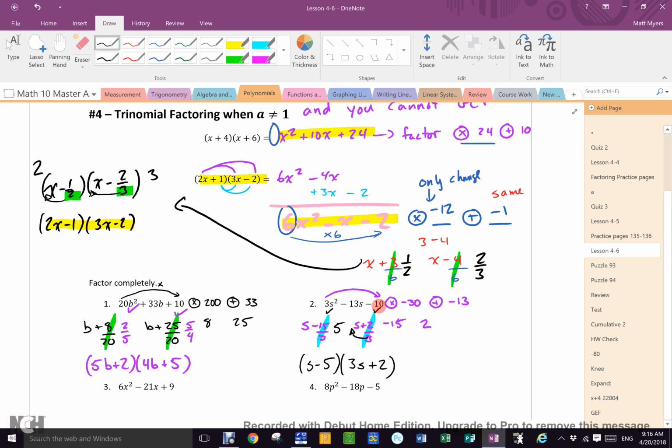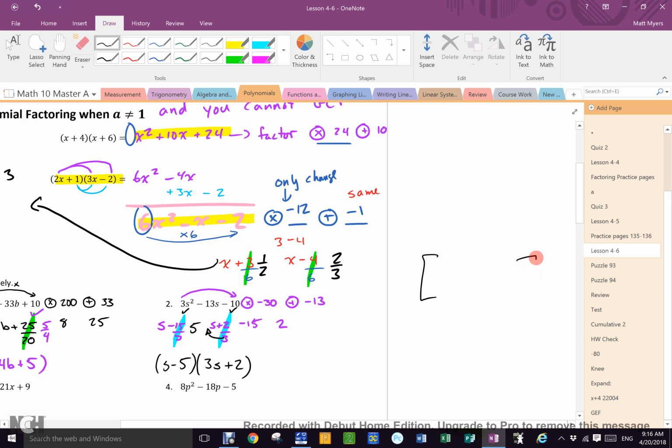The expression tells you exactly what to do. So you don't ever have to guess. But if you are more comfortable using that guessing method, which involves a box like this with numbers here and a cross and a plus and a minus, go ahead and use it. I hate it.